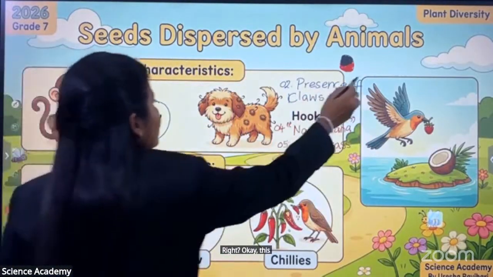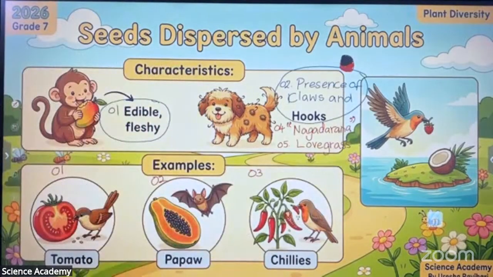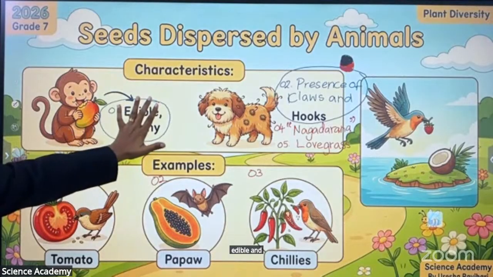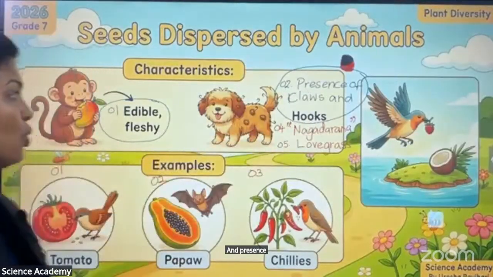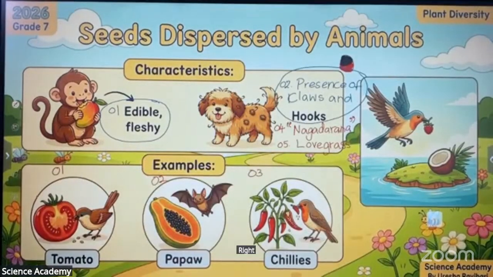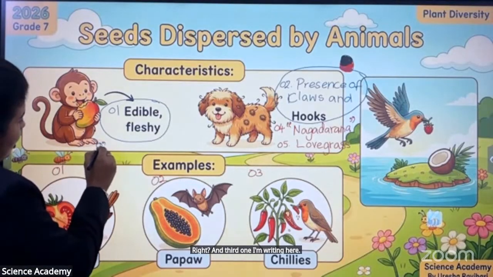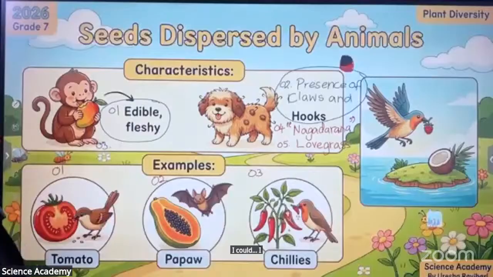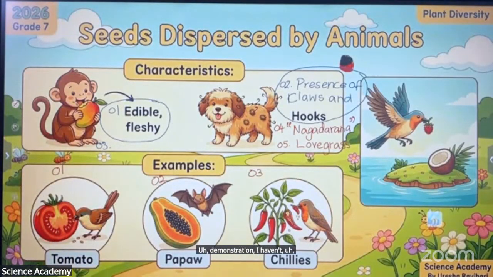This is the second adaptation. Okay, edible and fleshy fruits, and presence of claws and hooks, right? And the third one I am writing here. Sorry children, in this demonstration I haven't given space to write these adaptations. And then colorful seeds.